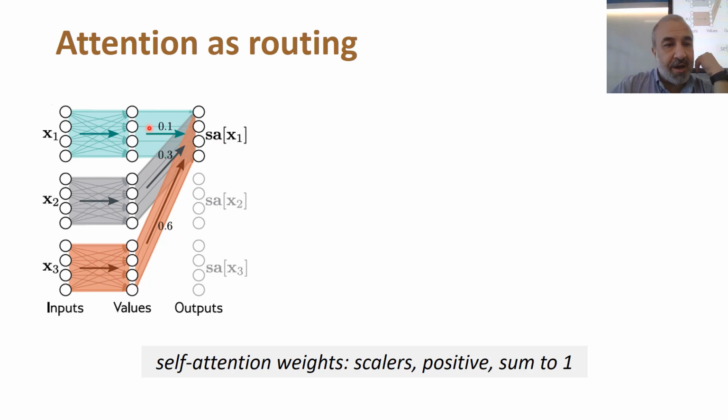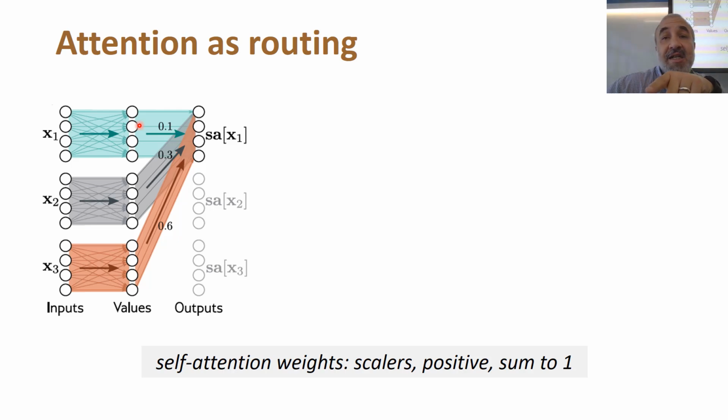It's 0.1 times v1 plus 0.3 times v2 plus 0.6 times v3, which means that word number 1 attends much more to word number 3, then to word number 2, than to itself, actually. Just an example. It might happen.